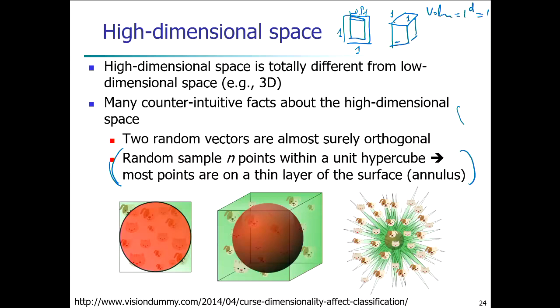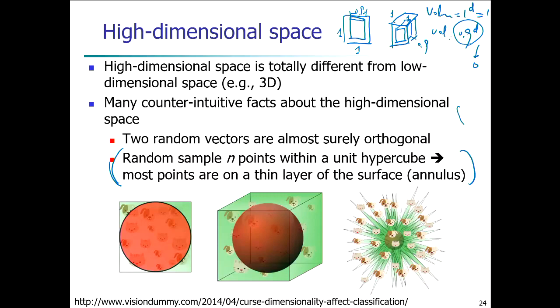If inside the cube each side is 0.9, the volume will be 0.9 to the power of D. So does anybody know whether 0.9 to the power of D is going to be a large or small value? Very small value. If you look at D equal to 100, you can do the calculation, but it's going to be close to 0.